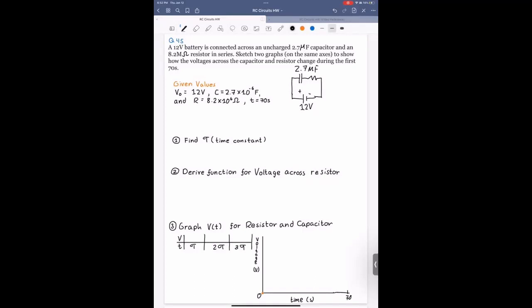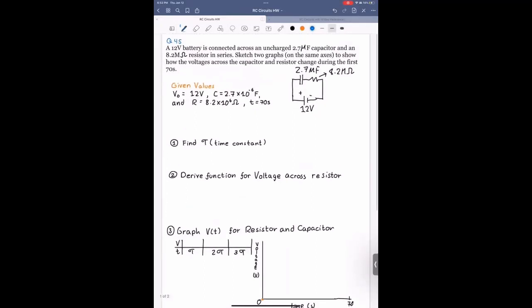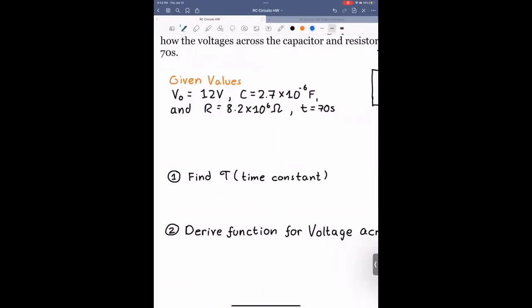And this resistor is 8.2 mega ohms. Right? So when the battery is connected across the capacitor, the capacitor is going to charge. That means that the resistor voltage will start off at the voltage of the battery and decrease exponentially over time.